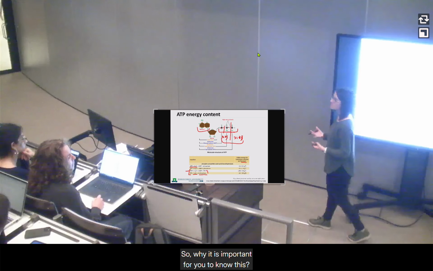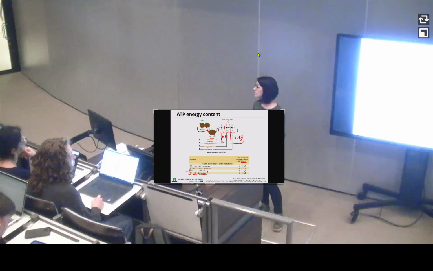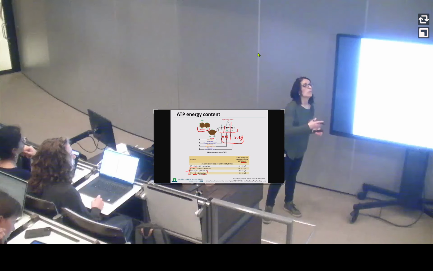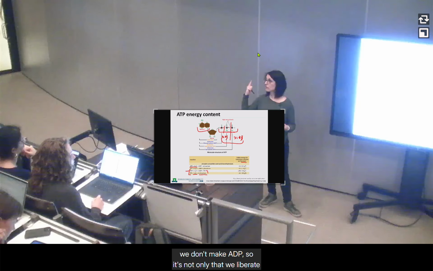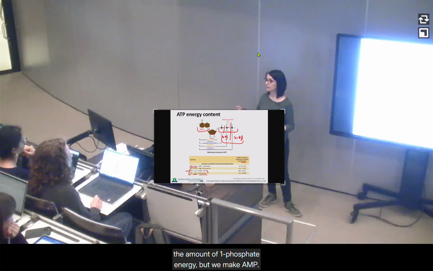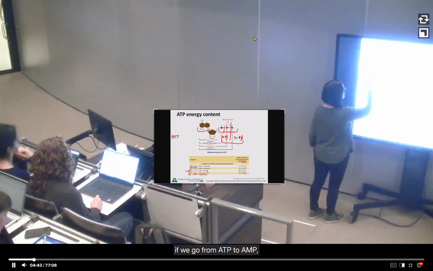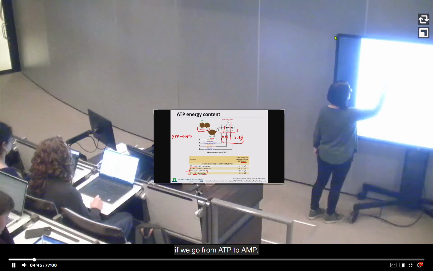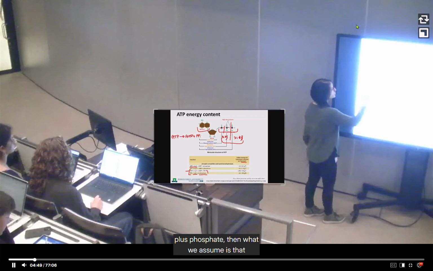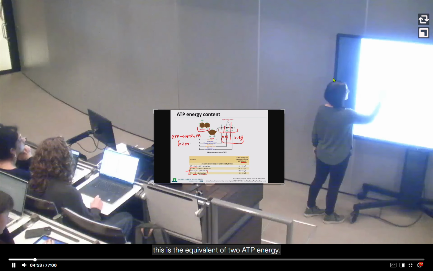So why is it important for you to know this? Through the course, I will sometimes show you reactions in which from 1 ATP we don't make ADP. So it's not only that we liberate the energy of 1 phosphate, but we make AMP. If that happens, if we go from ATP to AMP plus phosphate, then what we assume is that this is the equivalent of 2 ATP energy.